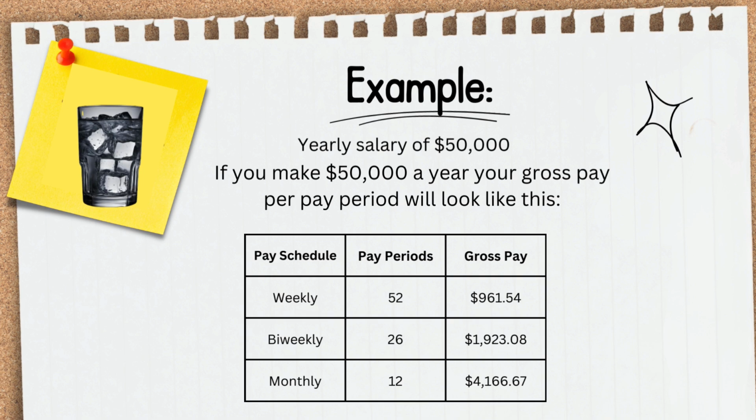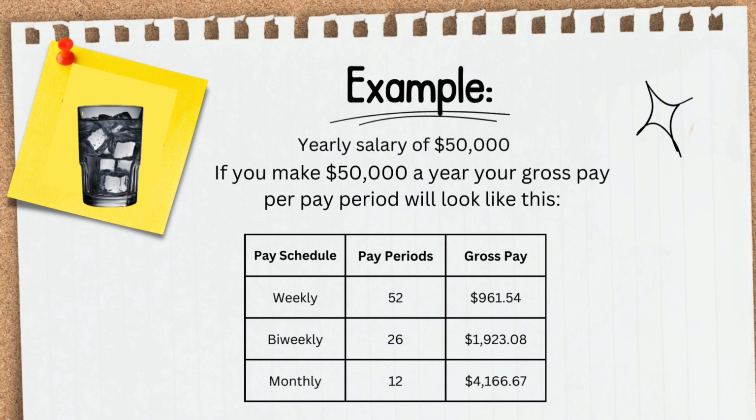If you get paid biweekly, so this would be 26 pay periods, you would get $1,923.08 as your gross pay. And then if you get paid once a month, so you would have 12 pay periods, your gross pay would be $4,166.67.